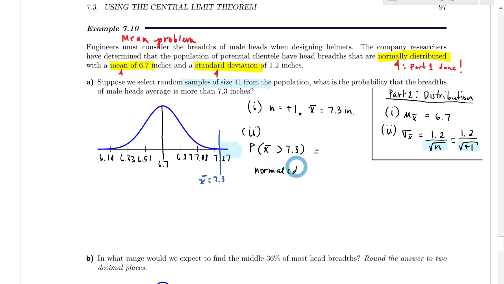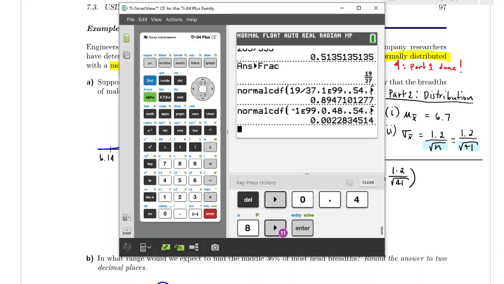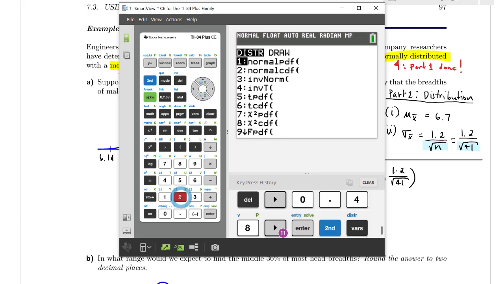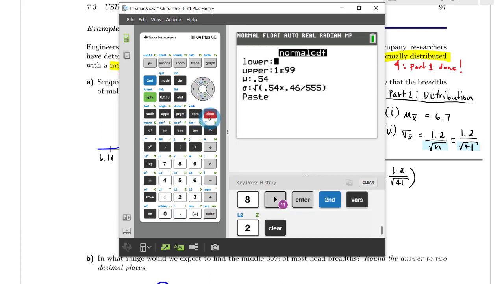So let's just do what we usually do, right? Normal CDF of left endpoint 7.3, right endpoint, which is 1E99, comma, the mean of 6.7, and standard deviation of 1.2 over the square root of 41. So we can put that in the calculator. We expect it to be really small, right? So second vars, normal CDF, and let me clear that out.